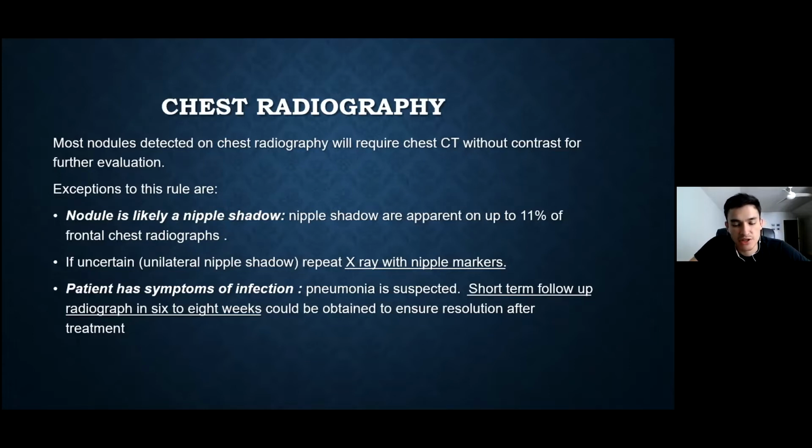The nipple shadow can be evident if it's bilateral, but sometimes just one nipple can present as an apparent pulmonary nodule. So in this case, we can obtain a chest X-ray with nipple markers. Another scenario is if the patient has symptoms of infection. In these cases, pneumonia is suspected, and a chest X-ray in 6 to 8 weeks is recommended to ensure resolution after treatment of pneumonia.